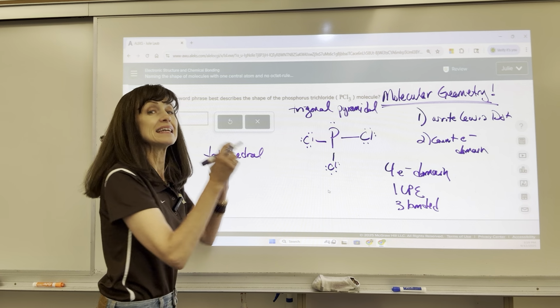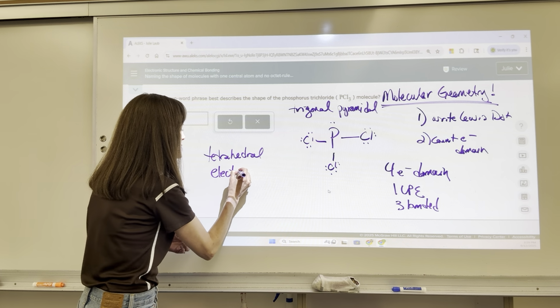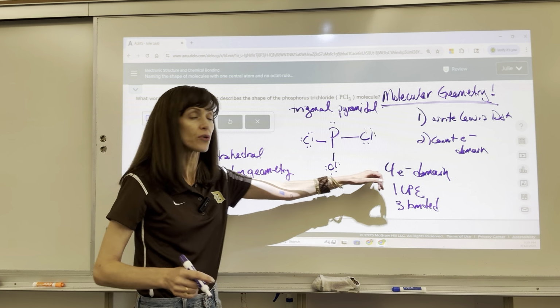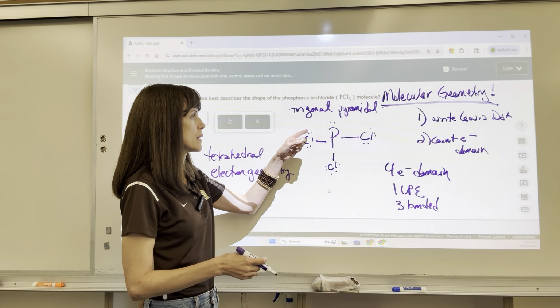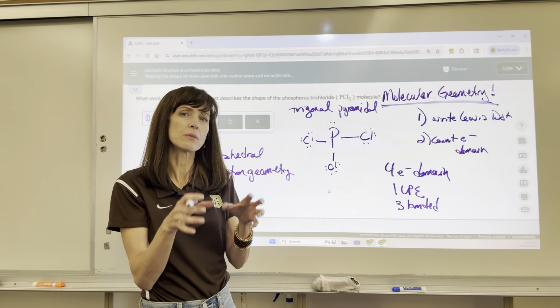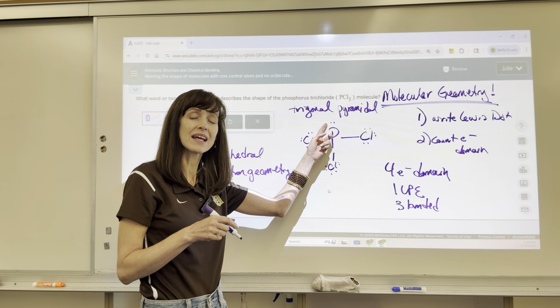Is the electron geometry. Electron geometry is based on all of the electron domains, the 4 electron domains. It determines the shape. Remember, molecular geometry, if we could look and see the molecule's shape, is what we see, and you can't see lone pairs.